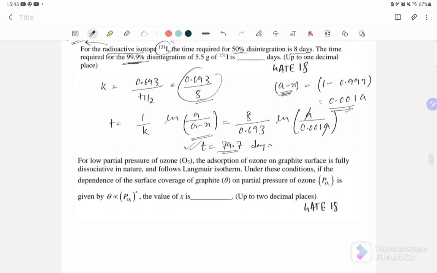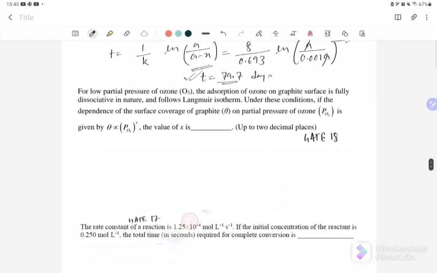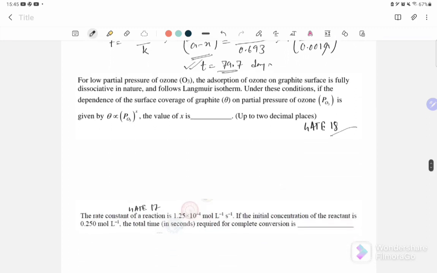Okay, so our next question for 2018. That is the low partial pressure of ozone O3, and the adsorption of ozone on a graphite surface is fully dissociative in nature. Be careful about the term dissociative.